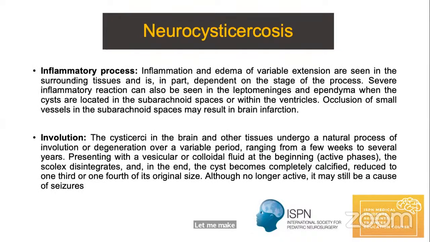The inflammatory process and edema of variable extension are seen in the surrounding tissues and depend on the stage of the process. And the cysts in the brain and other tissues undergo a natural process of involution or degeneration over a variable period from a few weeks to several years.